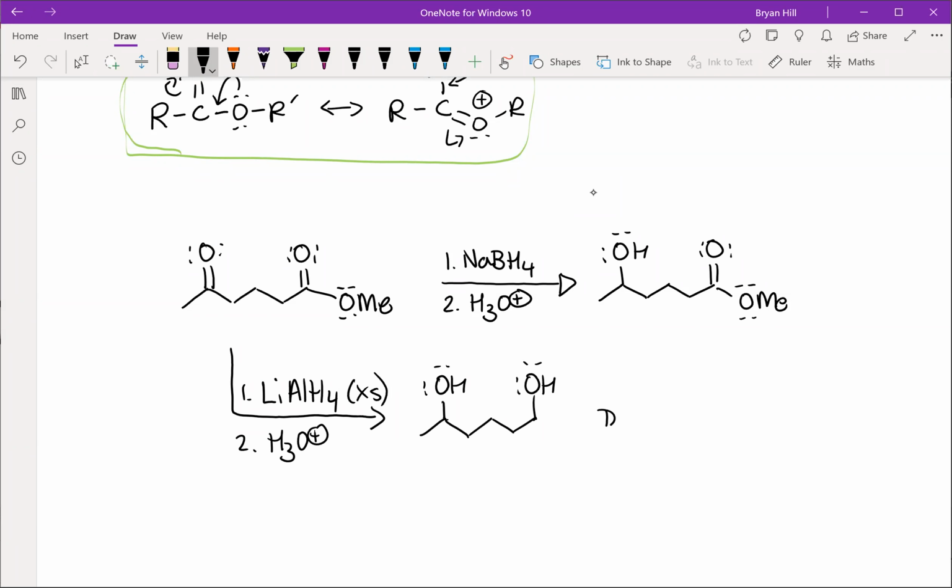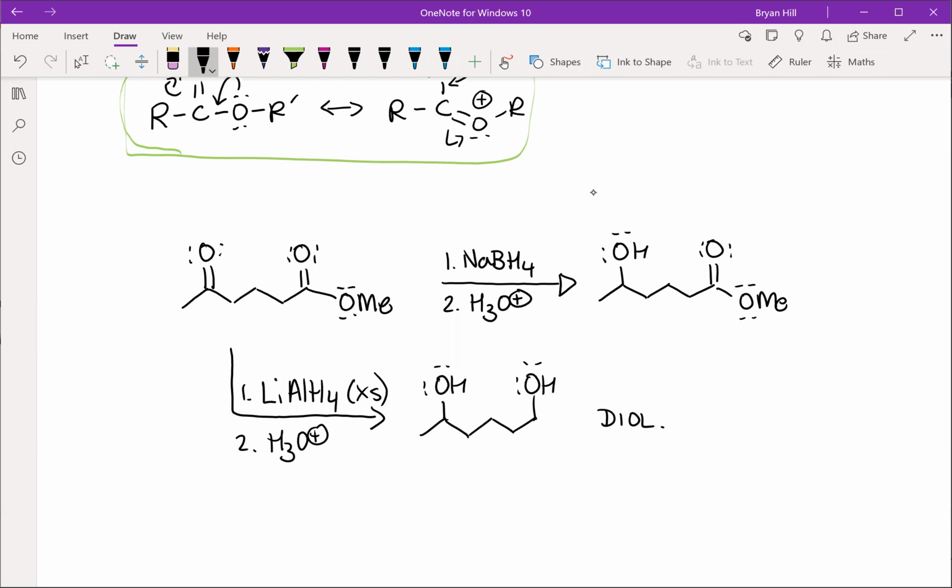So you'd end up with a diol. So you could say in a way that sodium borohydride is more chemoselective. It'll reduce some functional groups and not others, whereas lithium aluminum hydride is going to reduce aldehydes, ketones, and esters.